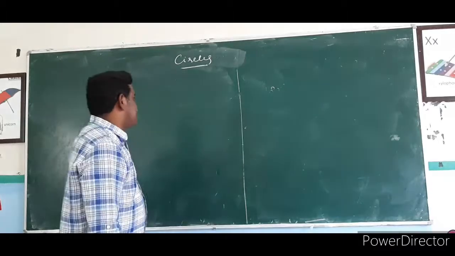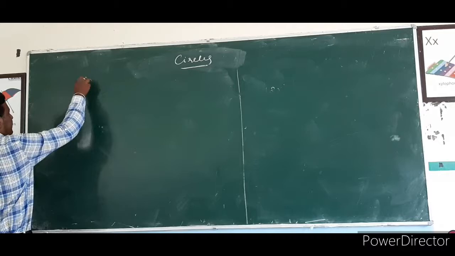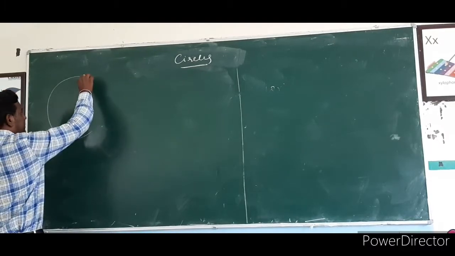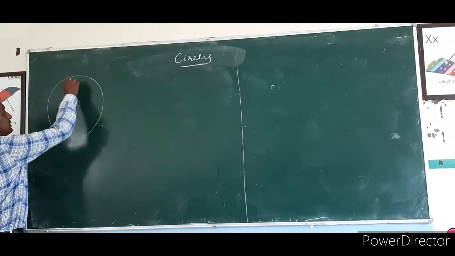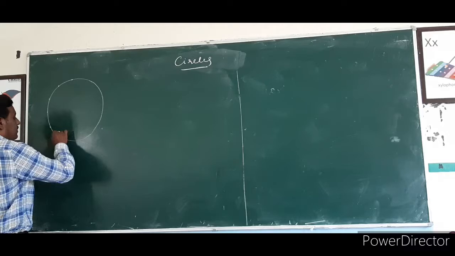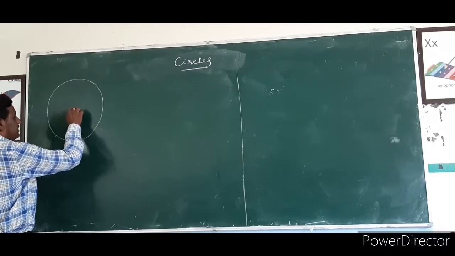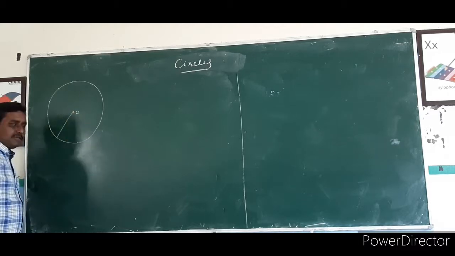What is meant by circle? First point, circle is a plane closed figure in which all the points on the circumference are equidistant from a fixed point. Here O is the fixed point.